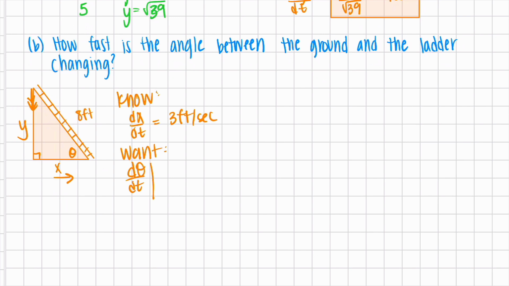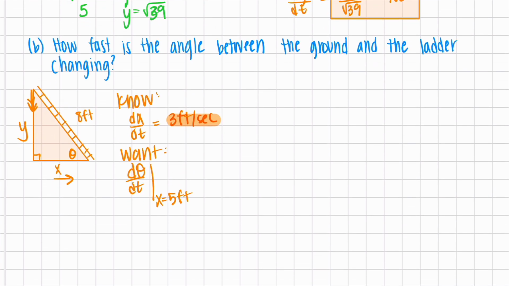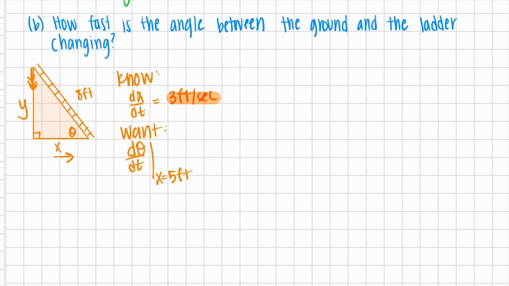And I want d theta/dt at that same moment, so when x equals 5 feet. I do know dy/dt from part A, but let's use dx/dt. So let's relate x, theta, and this 8.